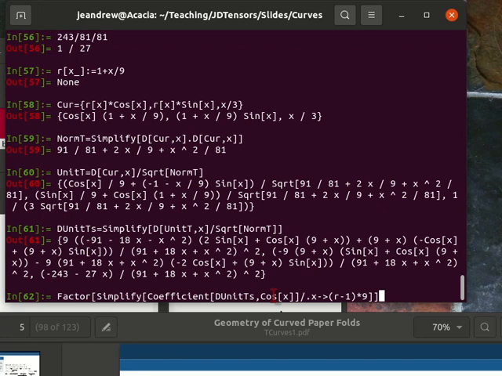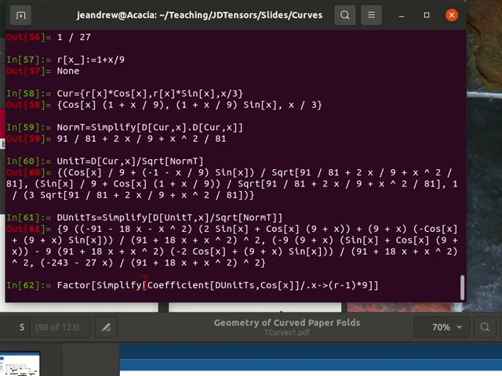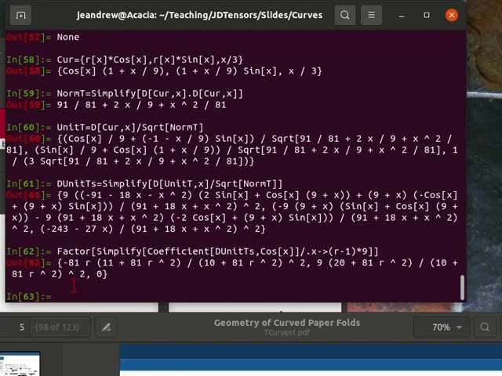Okay, and once I've got the coefficient, I actually don't want to get it in terms of lambda. I want to have r as the variable, and then I tell it to simplify it, and once it's simplified it, it must factor it out. Okay, and that's what I then get.